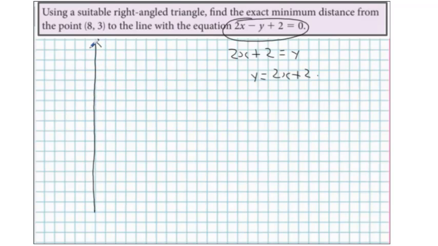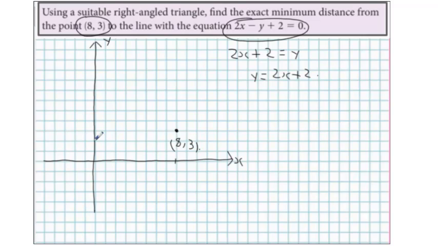So trying to stick to my squares. x and y. I'm interested in the point (8, 3). So 1, 2, 3, 4, 5, 6, 7, 8, and 3: 1, 2, 3. So (8, 3) is there. And I want to draw the line y equals 2x plus 2.